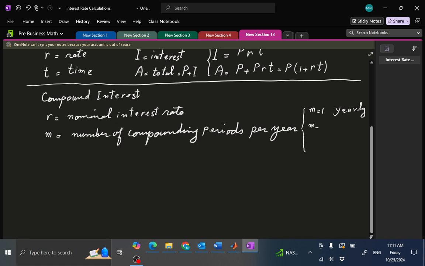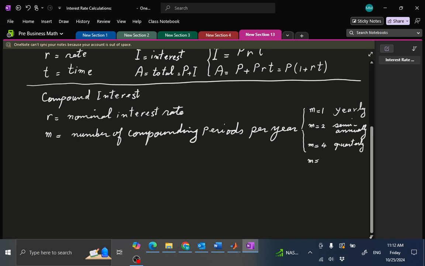M equal to 2 means semi-annually. The next typical choice is M equal to 4, which means quarterly. That means every 3 months, so every season, and so on.